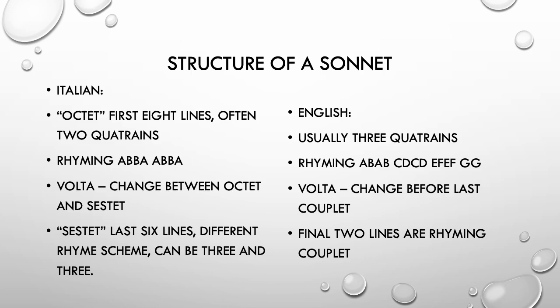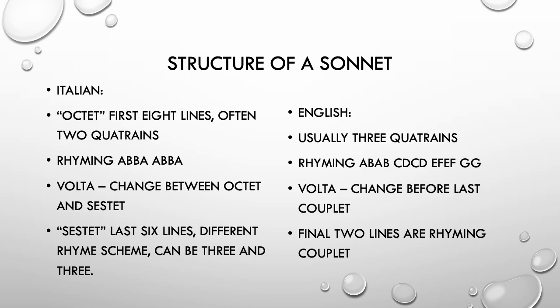The rhyme scheme for those 2 quatrains is usually A, B, B, A, A, B, B, A. Then there's a volta, which is the poetry word for a turn or a change. It's actually Italian, as the words octet and sestet are. It means there's a change in tone between the first 8 lines and the last 6 lines. Then there's the sestet, or the last 6 lines that are in a different rhyme scheme, and these vary all over the place, and you can look at it as a set of 3 lines and 3 lines.